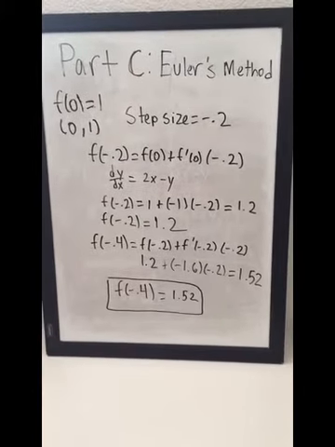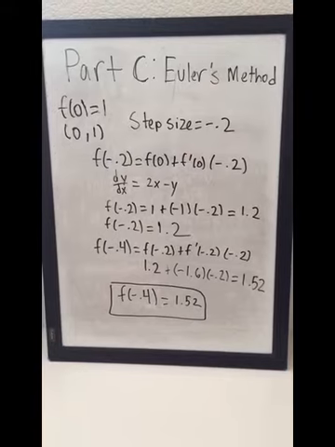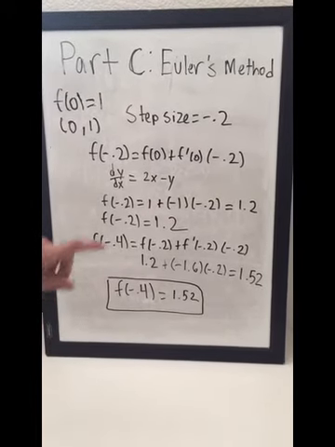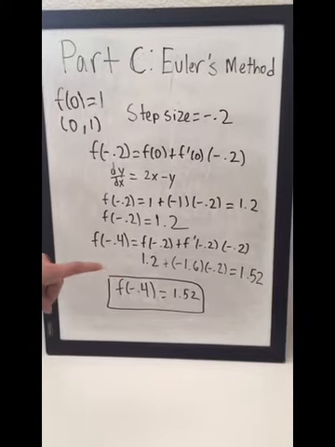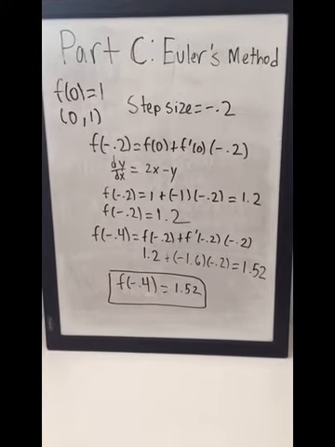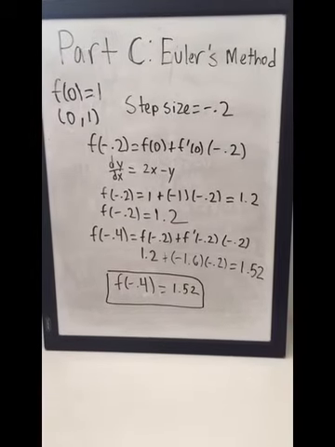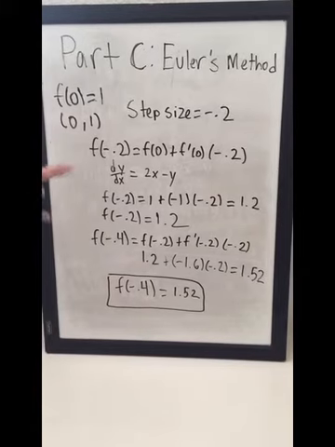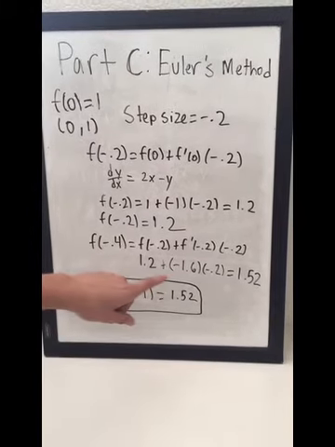So now you have to go down to find f of negative 0.4. So f of negative 0.4 is f of negative 0.2 plus f prime of negative 0.2 times negative 0.2. To find f prime of negative 0.2, you go back to the dy/dx equation, plug in your x and y coordinates, and you get a slope of negative 1.6.